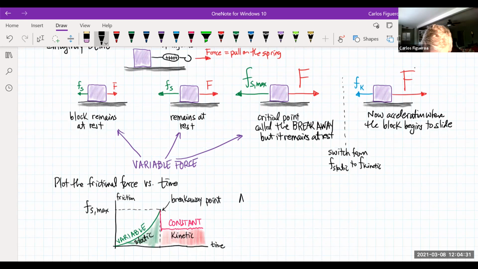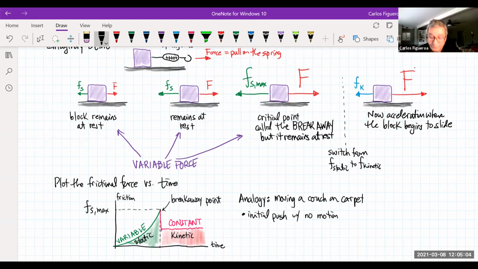So let me see if I can help you with some analogy here. And you may have noticed this. Let's say that you're going to be moving a couch on, let's say, carpet, for example. That's where I really notice it myself. So you have an initial push with no motion.